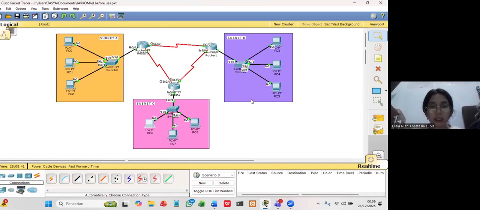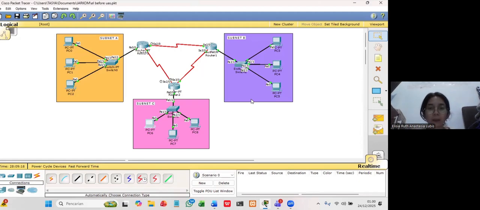2024-32047. Here, I will explain the networking practicum about IP addressing using VLSM and implementation of connectivity between multi-network. First, the purpose of this practicum is to design a network using VLSM in order to allocate IP addresses efficiently based on the number of hosts required in each network segment.